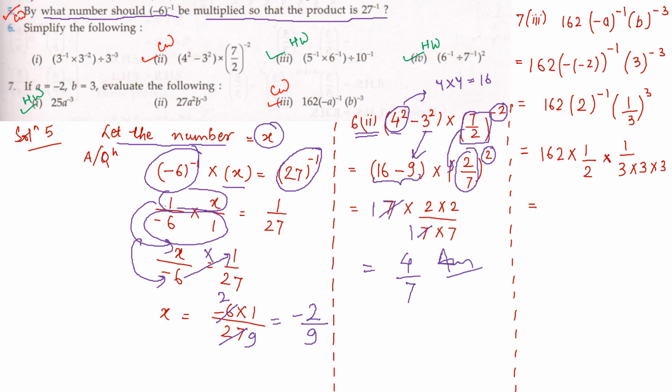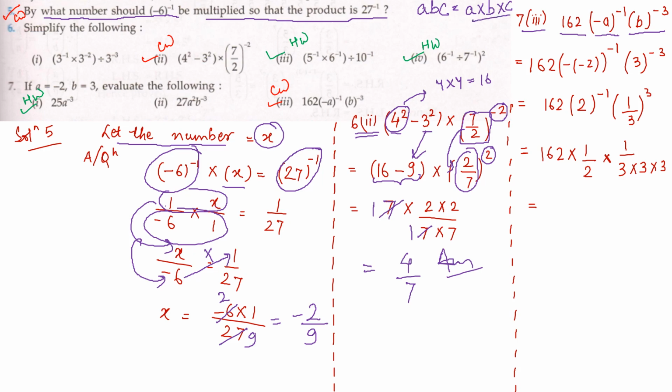Question number 7, subpart 3. The values of A and B are given. You have to put them in and solve. So the third part is 162 into minus a to the power minus 1 into b to the power minus 3. When I write a, b, c, it means it is a into b into c.